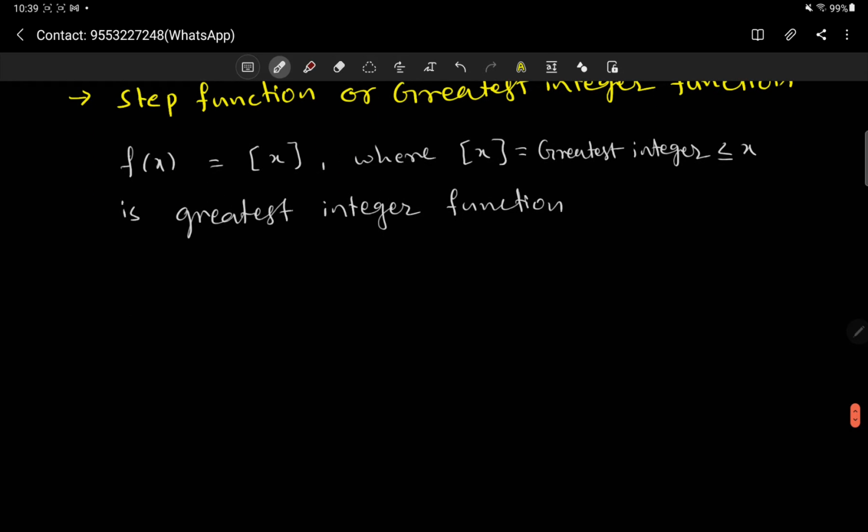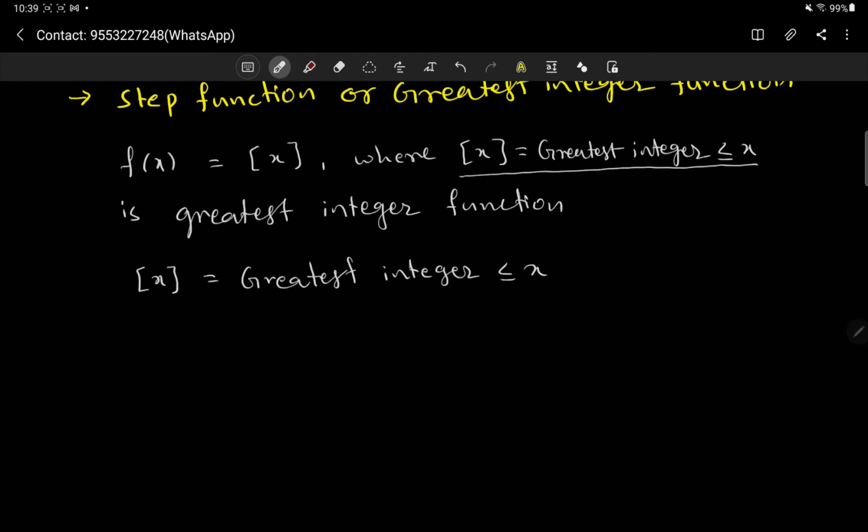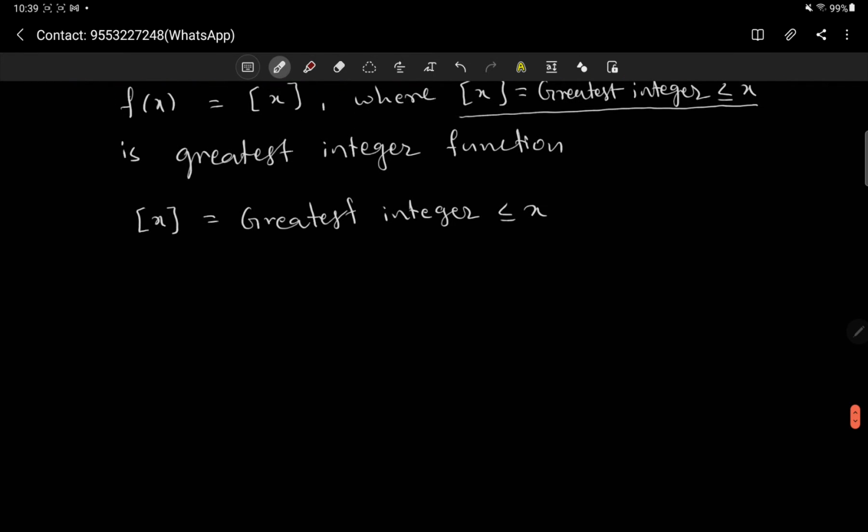Okay, so now discussing this step x. What is step x? See here, we already have that step x is nothing but the greatest integer less than or equal to x. The same statement I am writing here. Step x is equal to the greatest integer less than or equal to x. So in place of x we are giving some values on both sides.